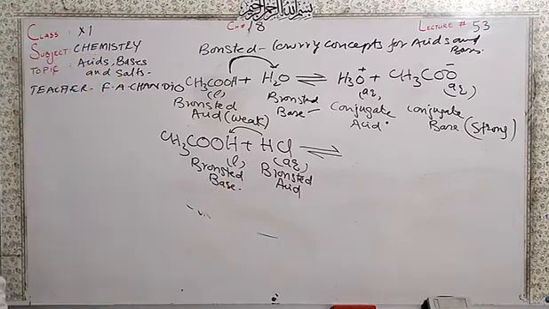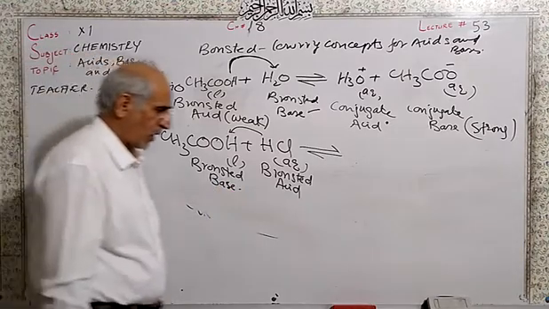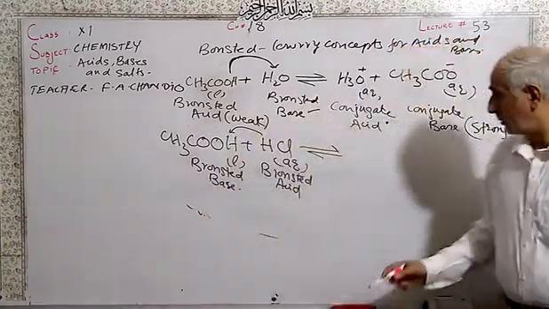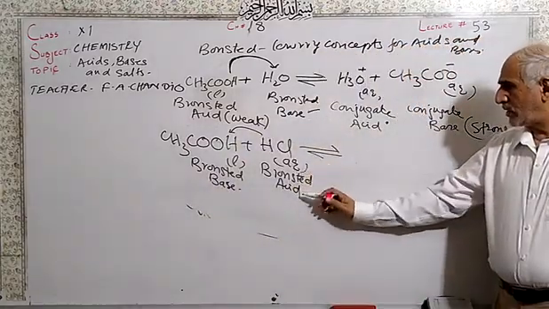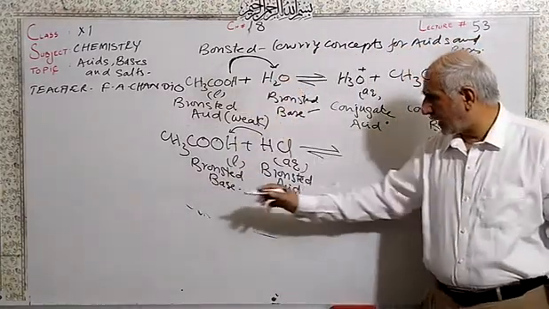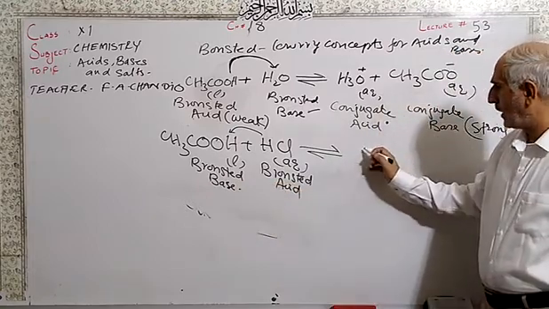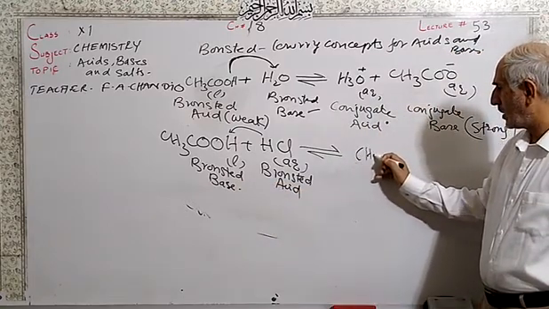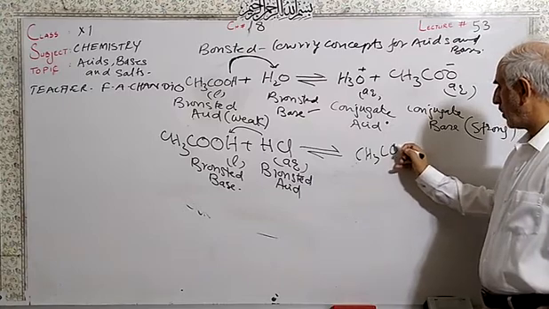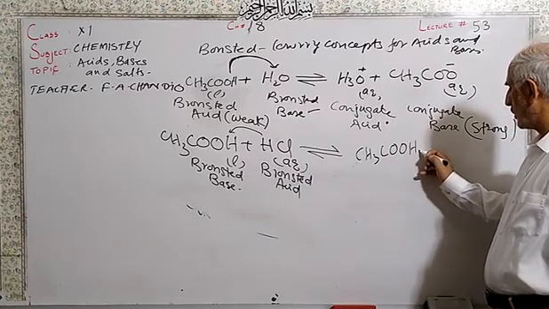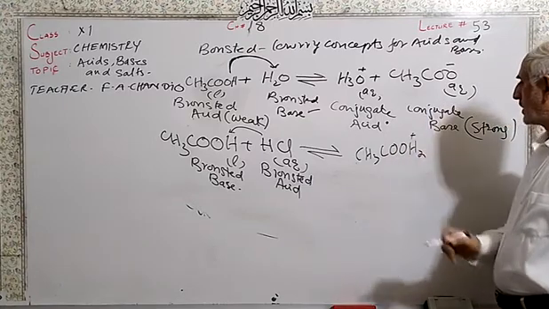Same equation you will do in the leveling effect. So this is the Brønsted acid and this is the Brønsted base. So what you will get is CH3COOH2+.